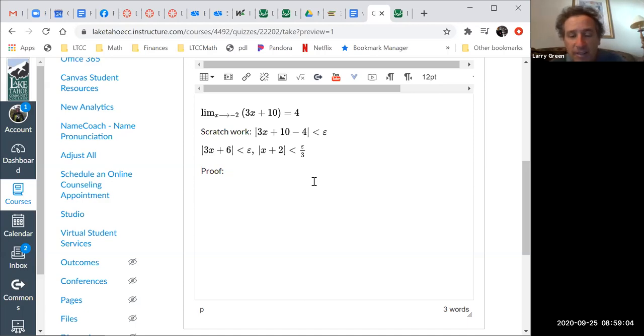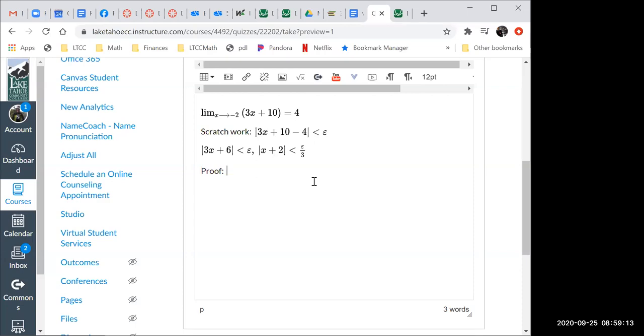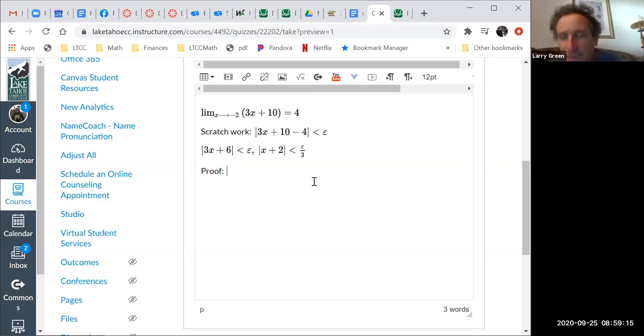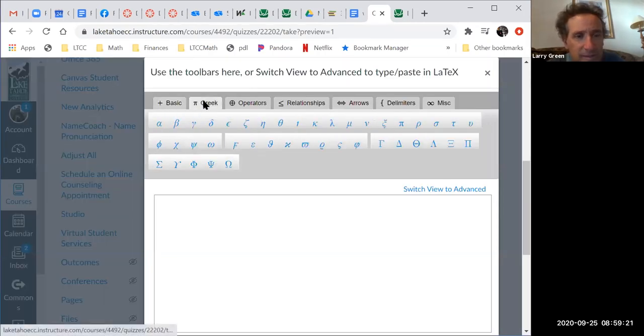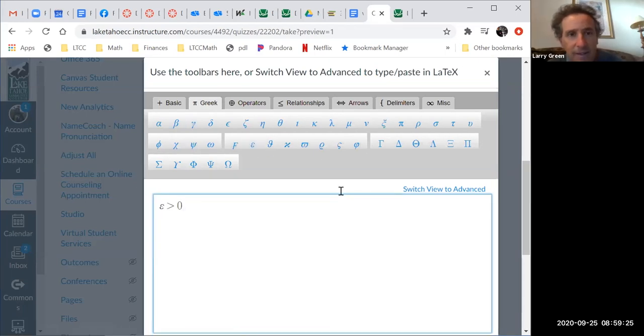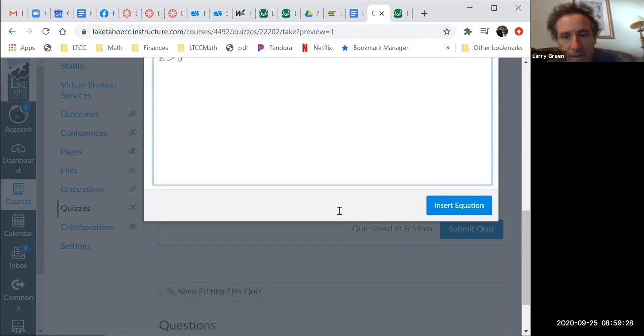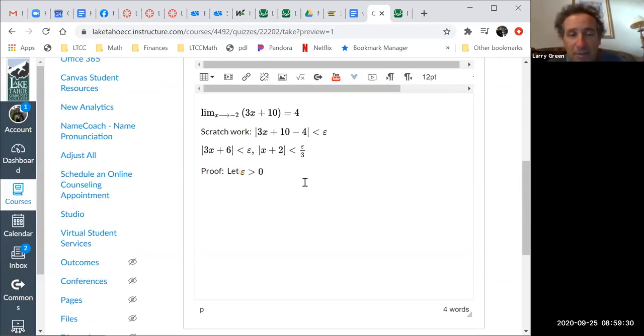And first thing, what does every single epsilon delta proof start with? What words? Yeah, let epsilon be greater than 0. So we're going to let epsilon be greater than 0.